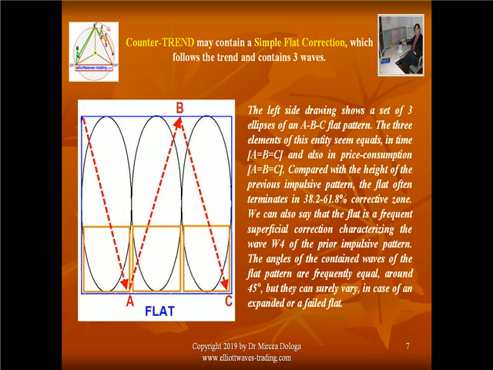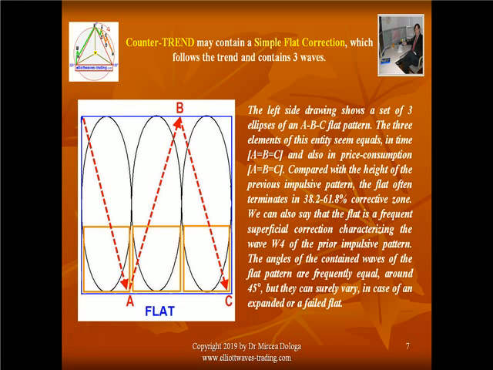Counter trend may contain a simple flat correction which follows the trend and contains 3 waves. The left side drawing shows a set of 3 ellipses of an ABC flat pattern. The 3 elements of this entity seem equal in time, A equals B equals C, and also in price consumption, A equals B equals C. Compared with the height of the previous impulsive pattern, the flat often terminates in the 38.2 to 61.8 corrective zone.